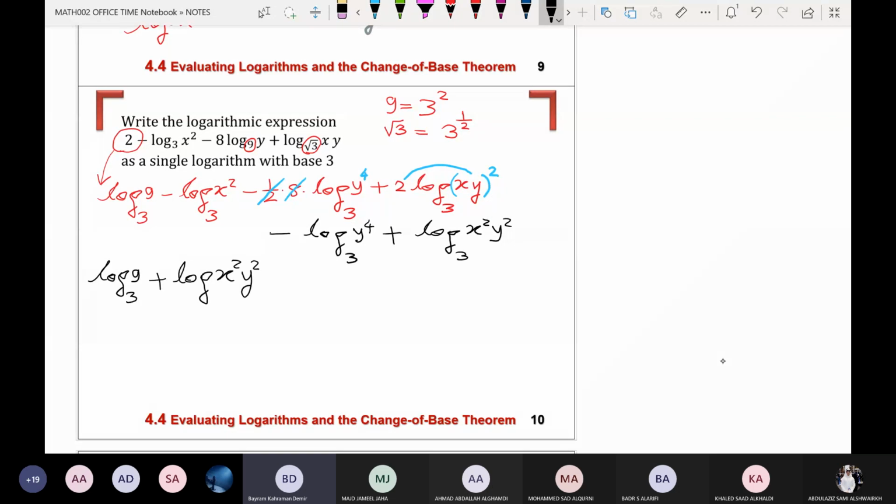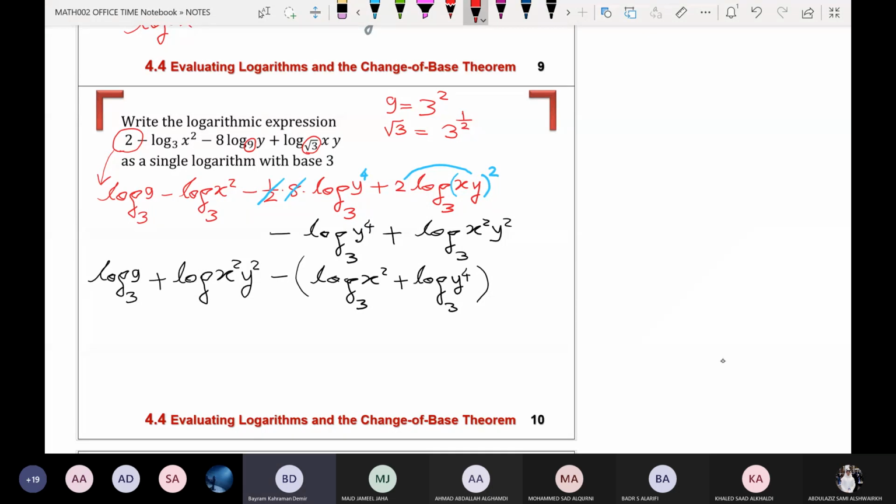And then we have subtraction, Shabab, minus, I'm going to open the bracket, logarithm of x squared base 3 plus logarithm of y to the power of 4 base 3. I took the negative as common, right, Shabab? Yes.